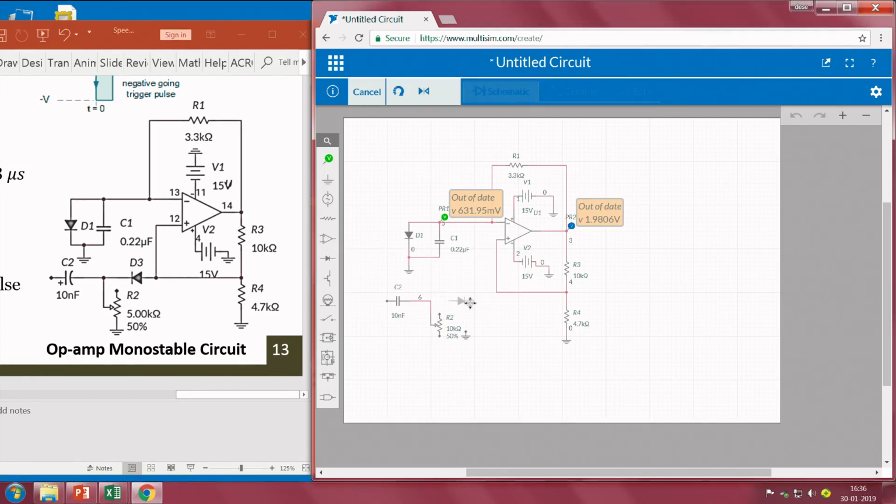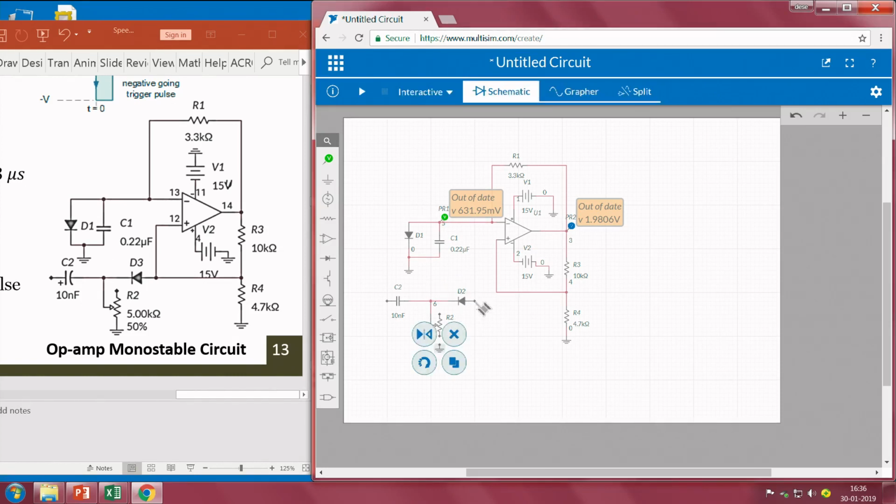So, I am taking a diode. Right. So, before connecting the output, this particular terminal to the positive terminal, let me check whether it is giving me the spikes or not for our required value.